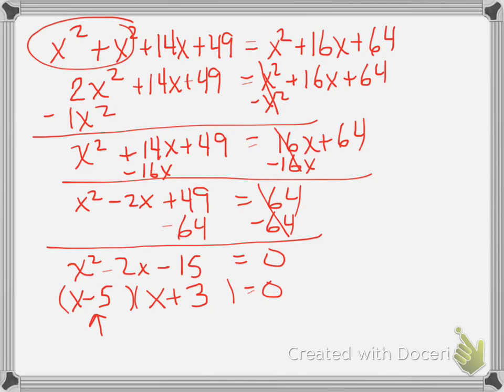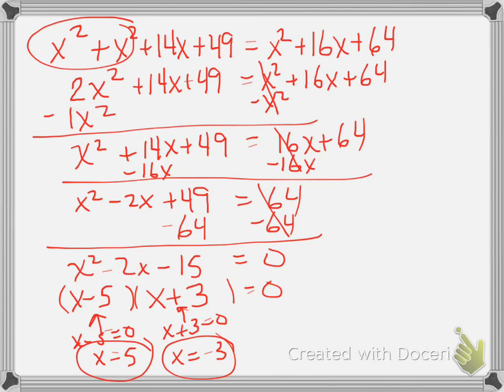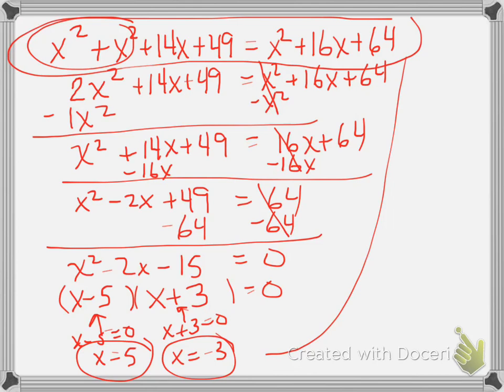If I set this one equal to 0, so x minus 5 equals 0, that means x must be 5. If I set this one equal to 0, I'm going to get negative 3. So my two answers that make this equation true are 5 and negative 3.